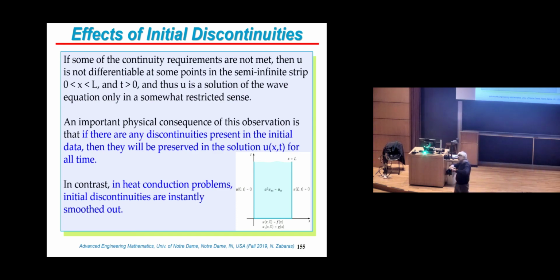Like, put whatever temperature or fluxes you want in this room. At the end of the day, the temperature here will be the average of the temperature around. However, with the wave equation, if you have any discontinuities in the boundary conditions or initial conditions, those discontinuities will persist forever. Huge difference between the wave and diffusion. Diffusion smooths things out. Wave does not forget, and it does not forgive.